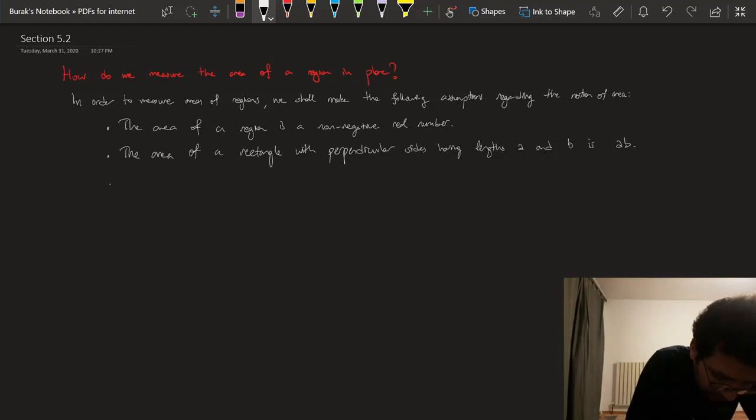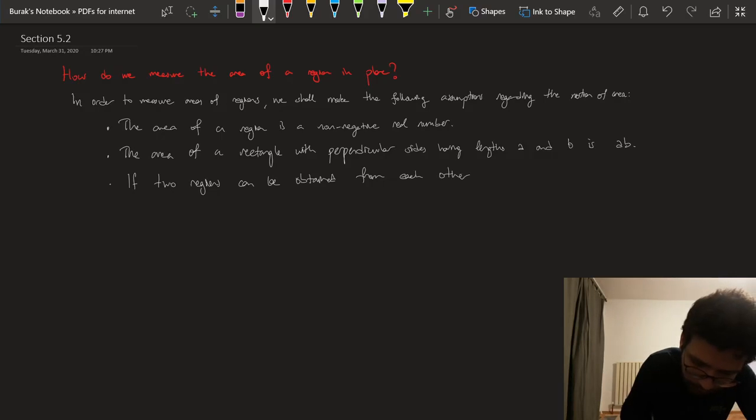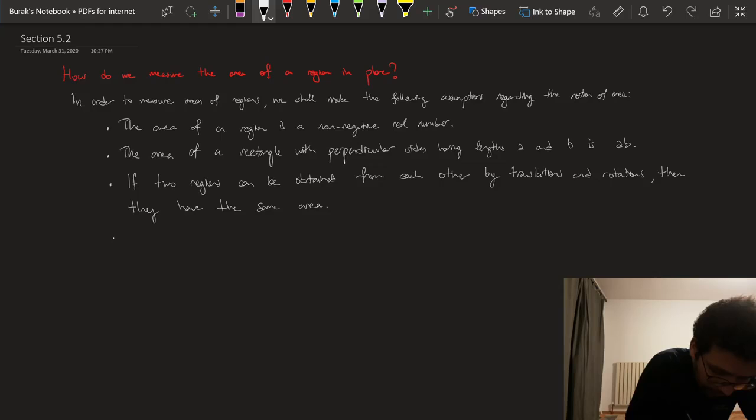And the third assumption is that if two regions can be obtained from each other by translations and rotations, then they have the same area.